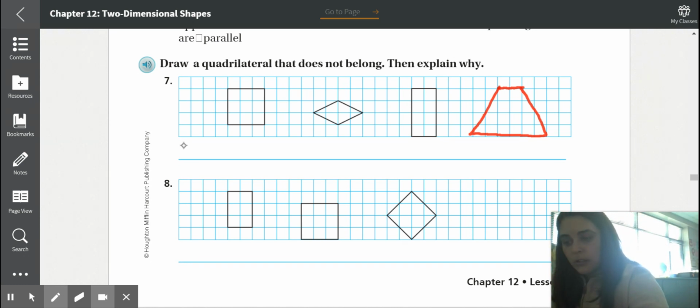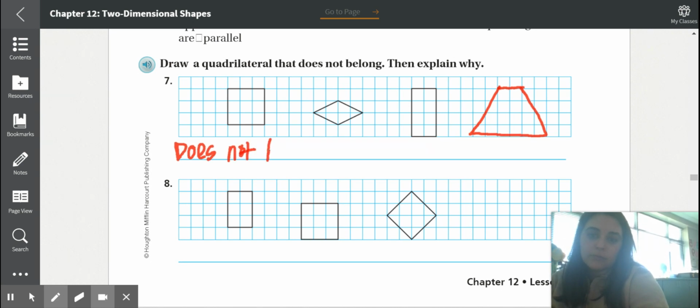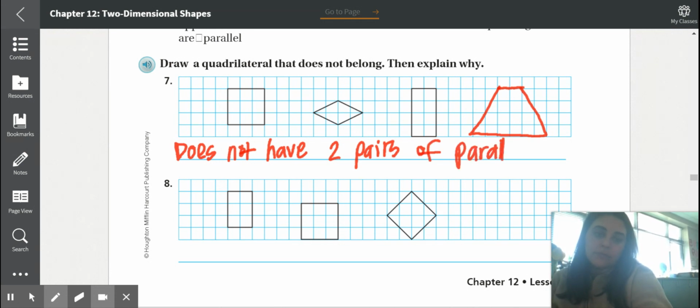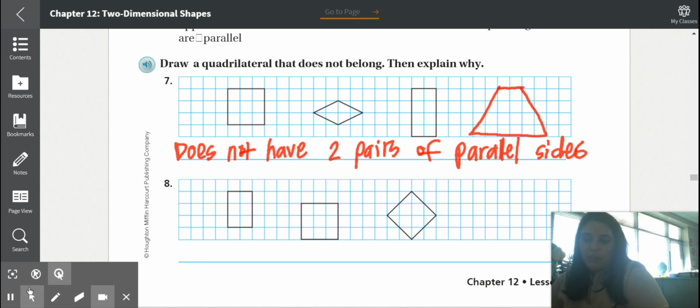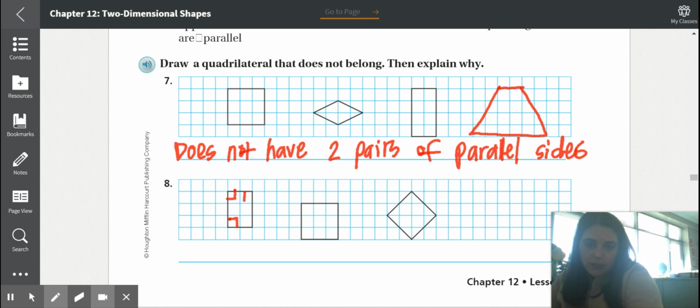Okay, 4 sides, opposite sides are not parallel. Okay, so let's say does not have two pairs of parallel sides. Okay. So for number 8, can you think of a shape that would not fit here? Right away, I can see that all of these shapes, all of these quadrilaterals, they all have right angles.